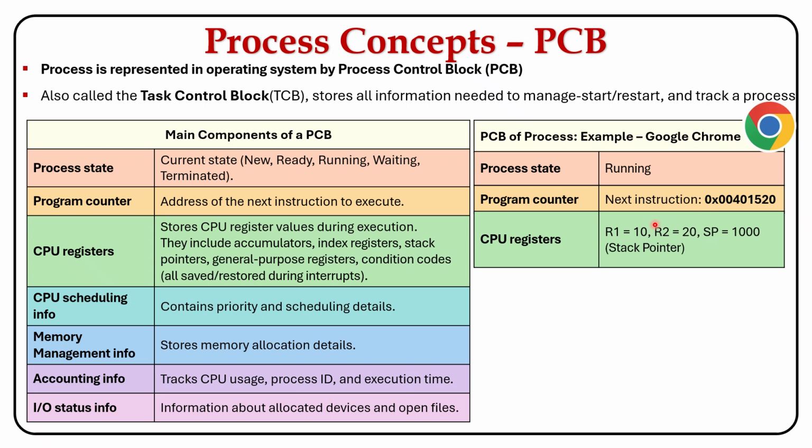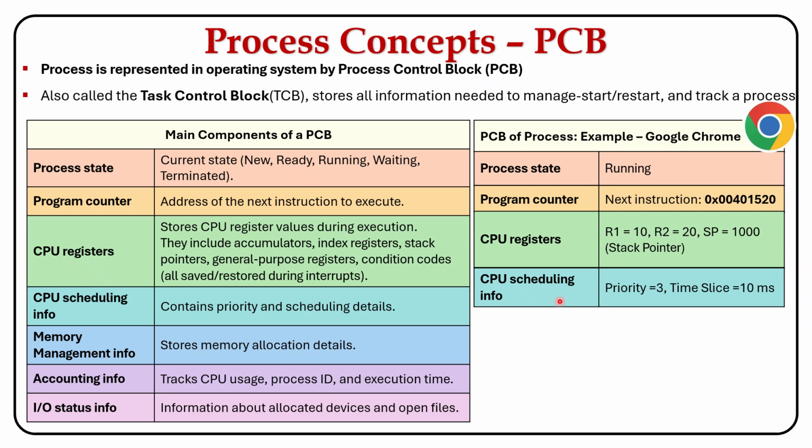After that, we have CPU registers. The registers store the temporary values that the CPU is using while executing Chrome. For example, here register R1 holds 10, R2 holds 20, and SP holds a value of 1000. Next, CPU scheduling information. This tells the operating system how the process should be scheduled.